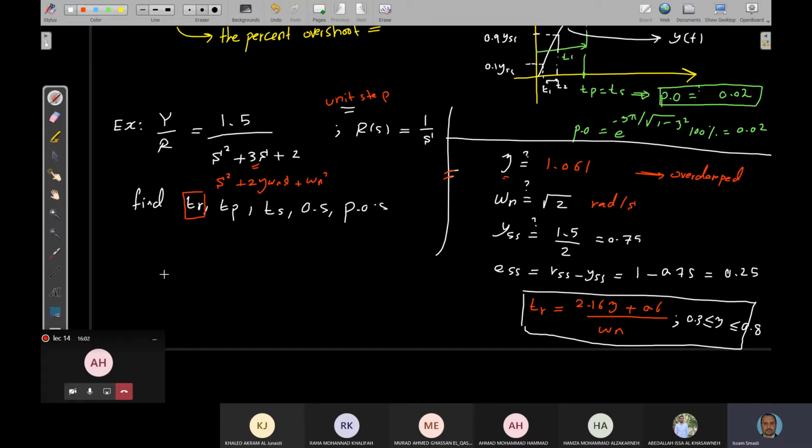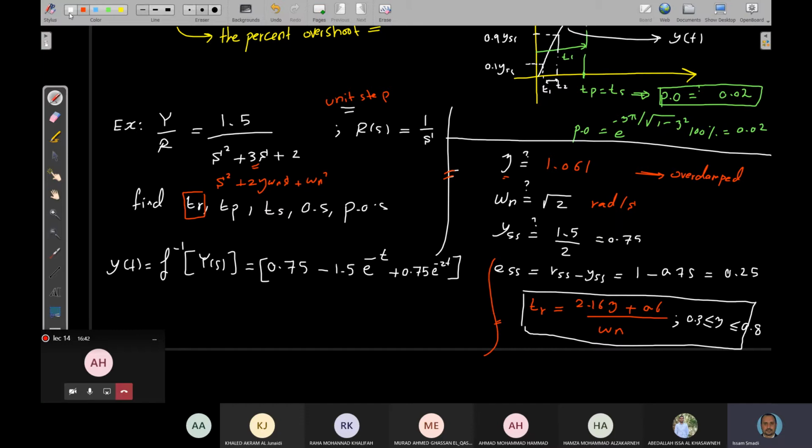So I can write y of t, which equals the Laplace inverse of Y of s, and this one will equal 0.75, this is y steady state, minus 1.5 exponential of minus t plus 0.75 exponential of minus 2t, and all of that is multiplied by u of t to ensure that the function is starting from 0. U of t.